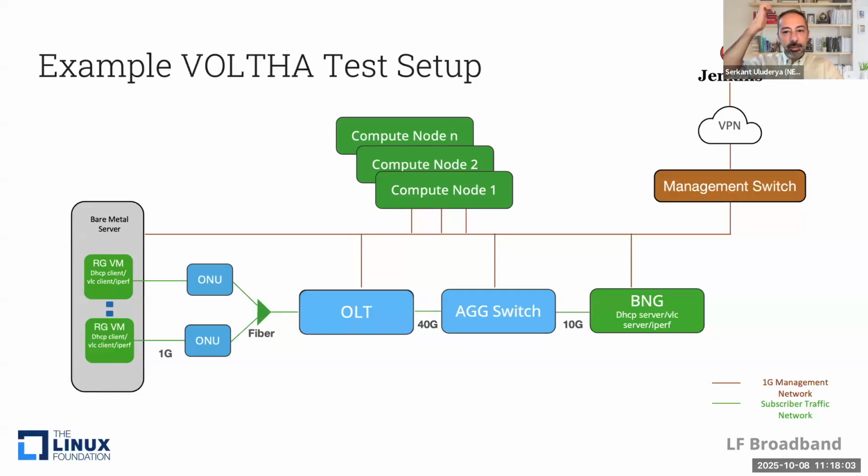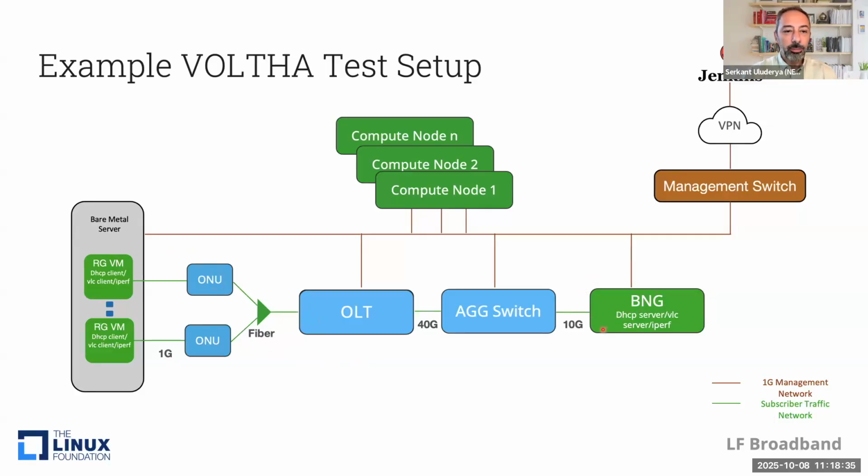And for the example VOLTHA test setup, in the lab, if you have a physical OLT and physical ONU devices, you can connect them with some of the simulators. So in the lab, we have a DHCP server running on a Linux server and also VLC to test the multicast support.